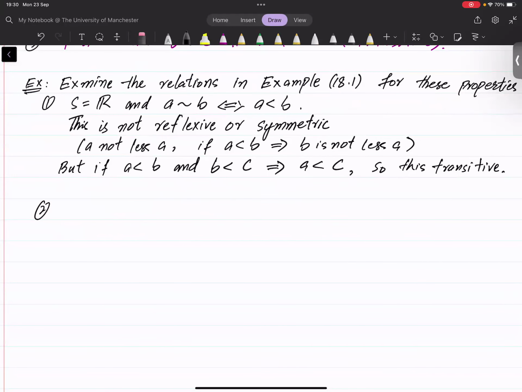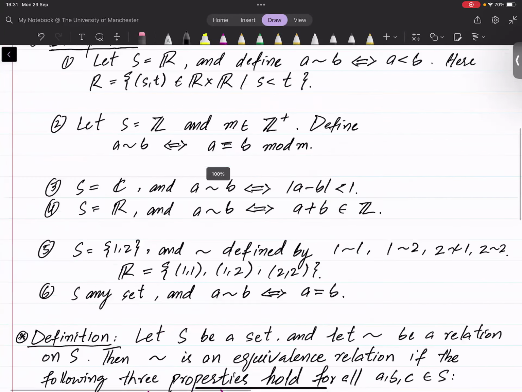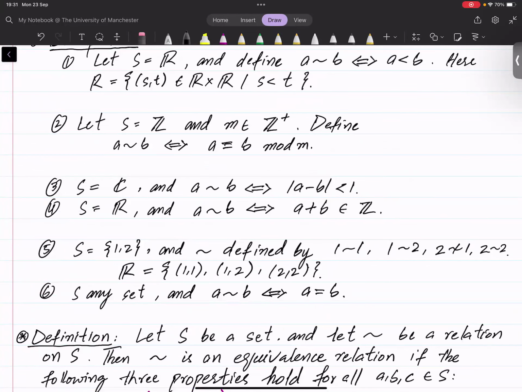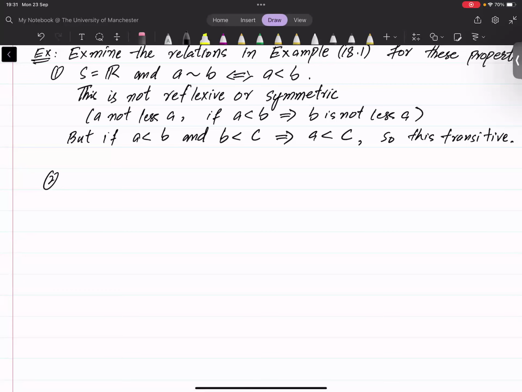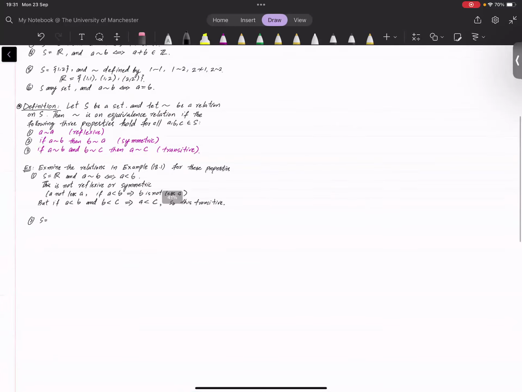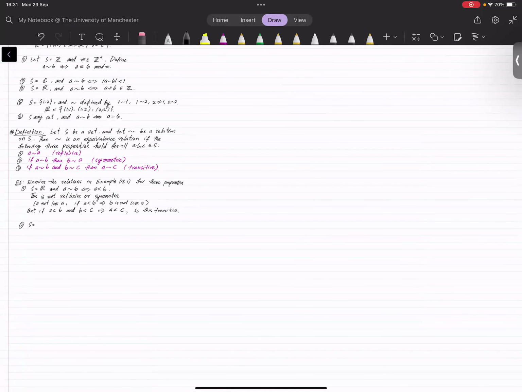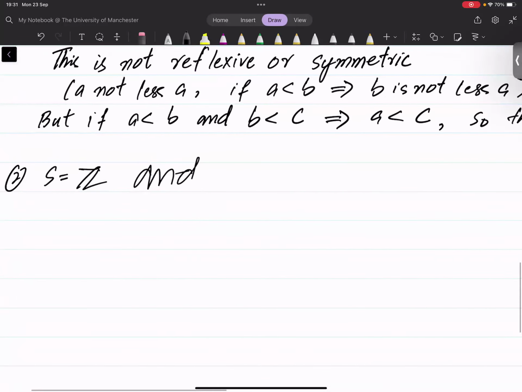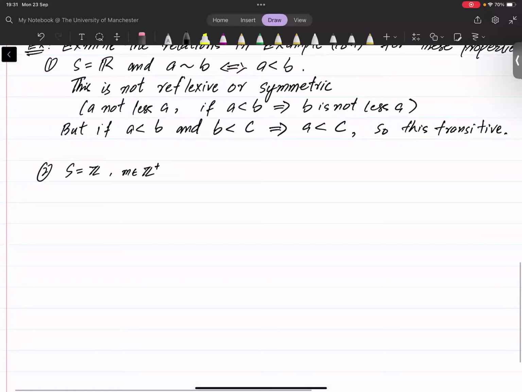Okay. For number 2, the set is Z, and M is positive.